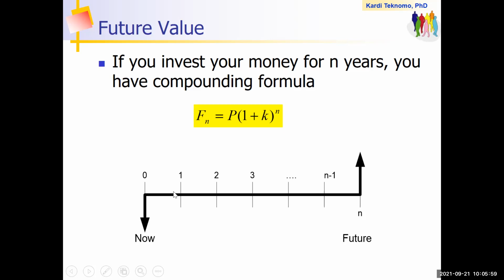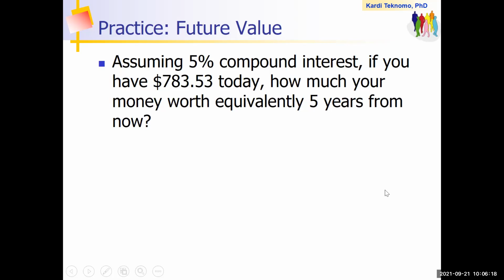So graphically, we will put it like this. P is the payment that you put down now at time 0. And then you will receive F in the future when the time is N. Okay, let's practice this.